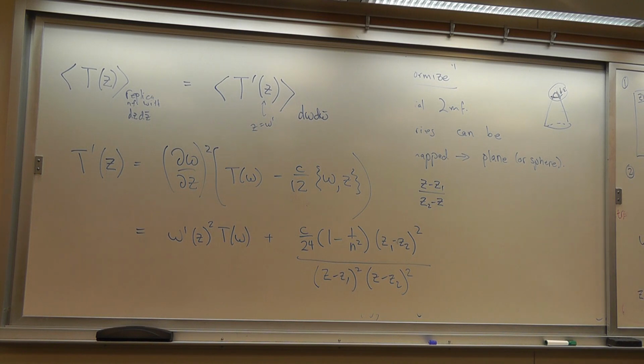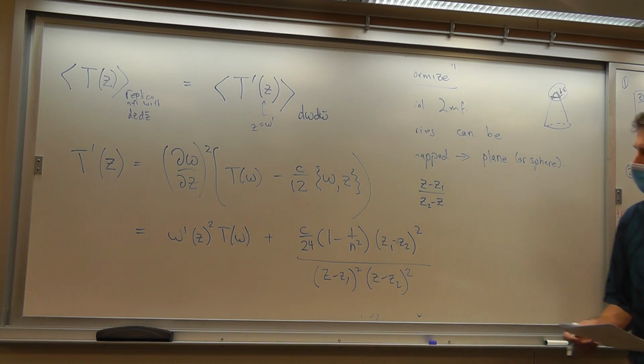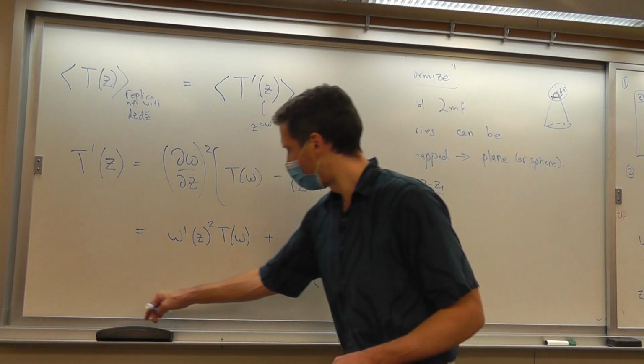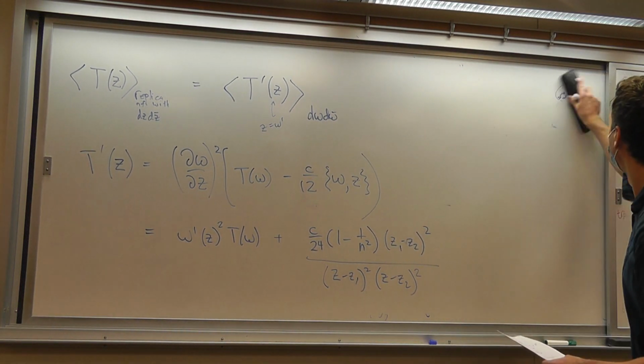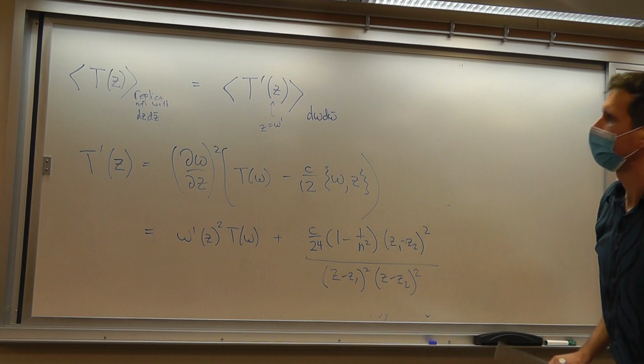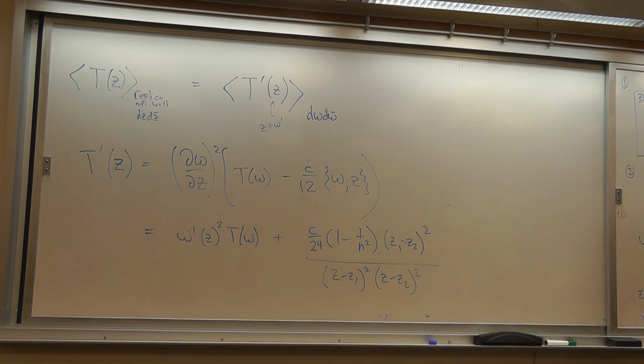So that's what you get when you take this map and plug it into the formula for the Schwarzian derivative, which was on the homework. So that's the conformal transformation of the stress tensor.